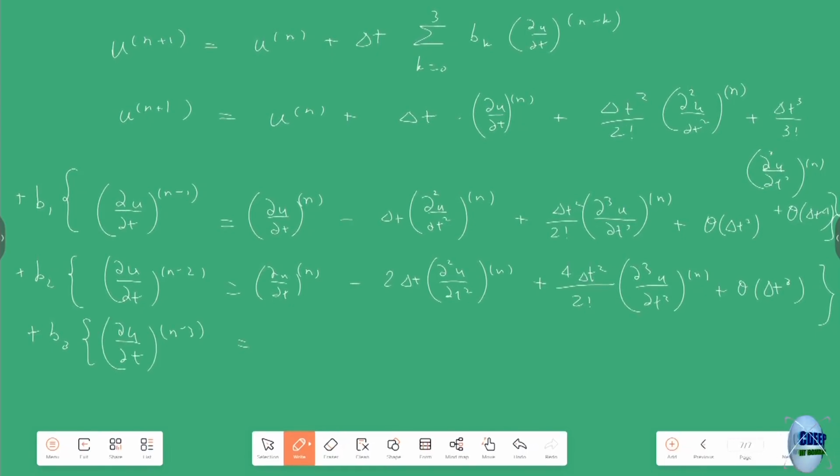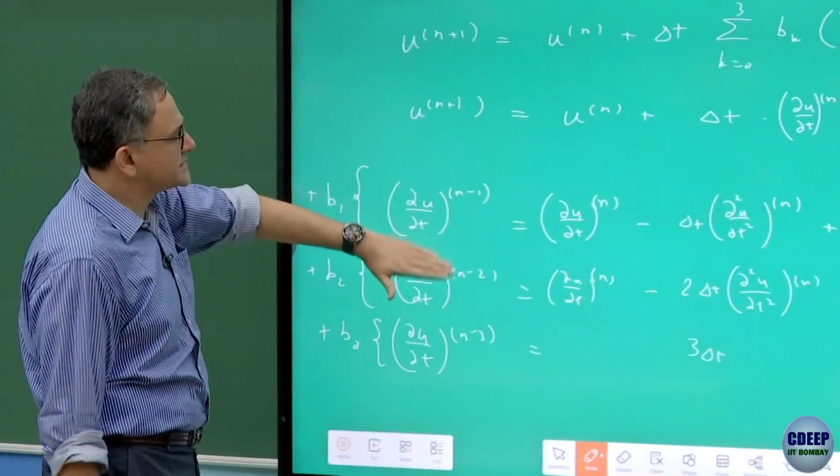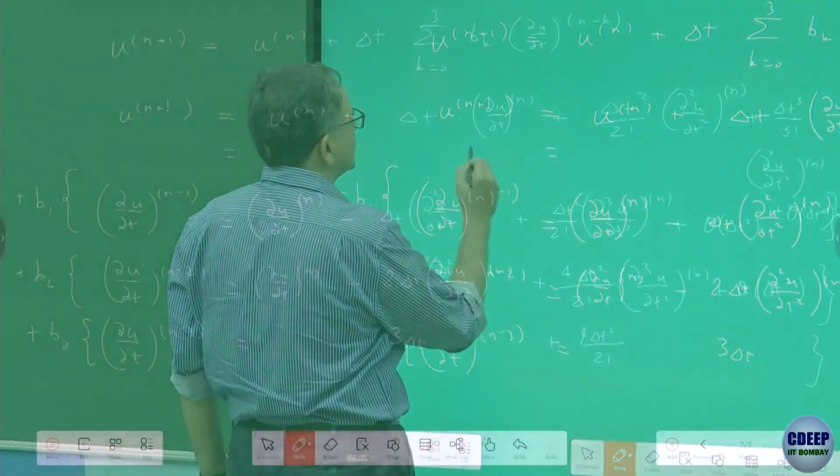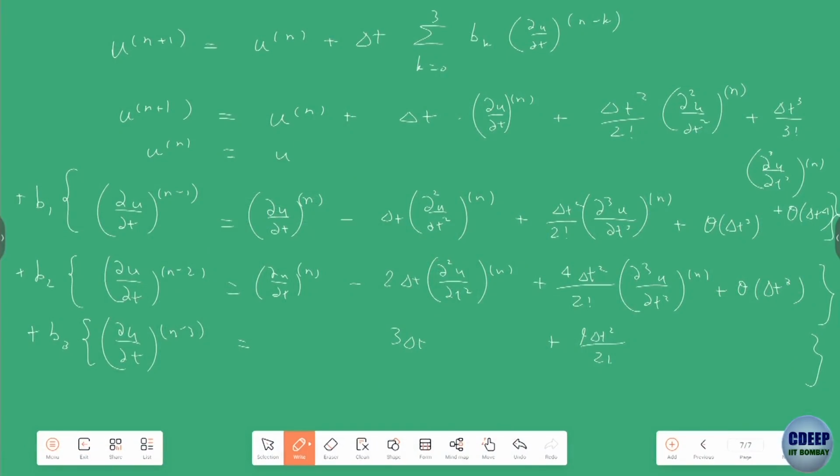We just got the 3 delta t here and the 9 delta t square by 2 factorial here, and similar things. So when you now look at all these things together, u^n is equal to u^n trivially, and b0 del u del t at n is equal to b0 del u del t at n. You don't mess with them.